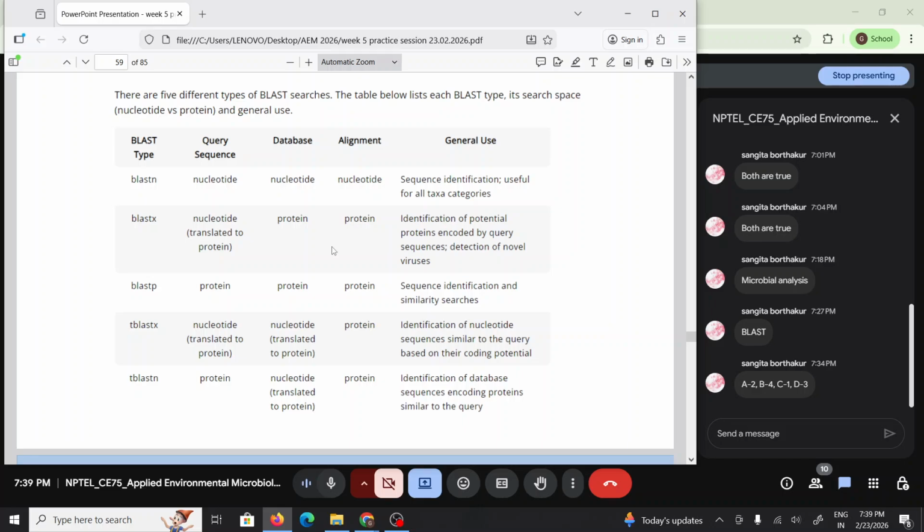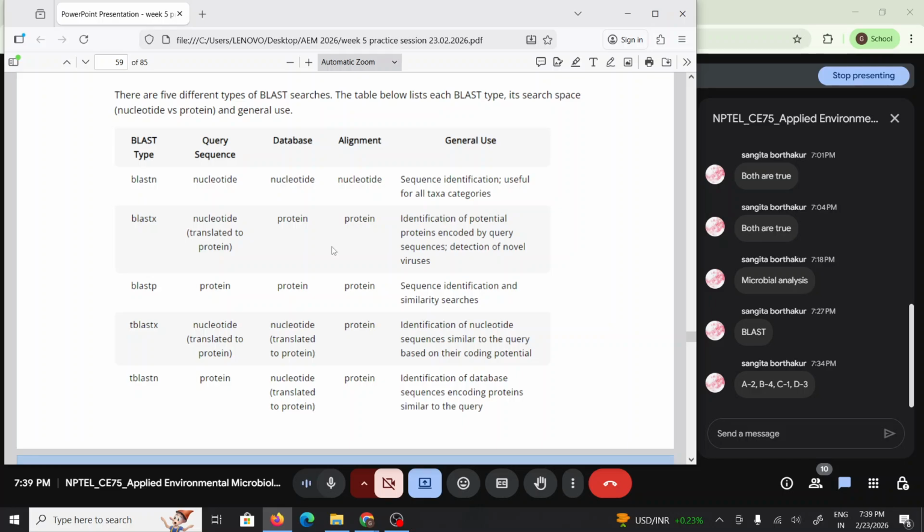And next you have BLASTP, where you enter a protein sequence, and the search happens in a database containing proteins. And next you have TBLASTX. Here your query sequence is a nucleotide. You are going to input a nucleotide, and it is going to be translated into a protein.